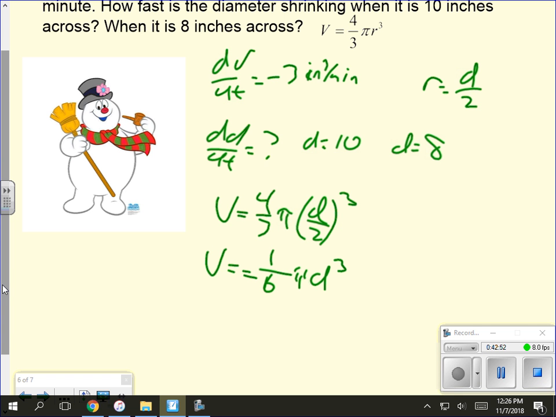Take the derivative. dV/dt is equal to, bring down the 3 over 6, 1/2 pi d squared dd/dt.